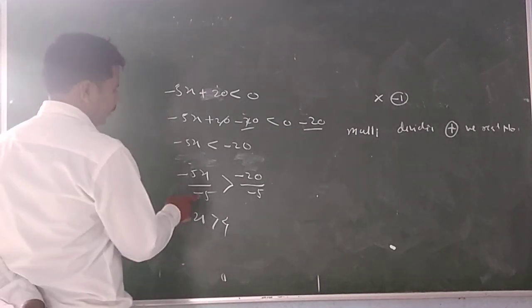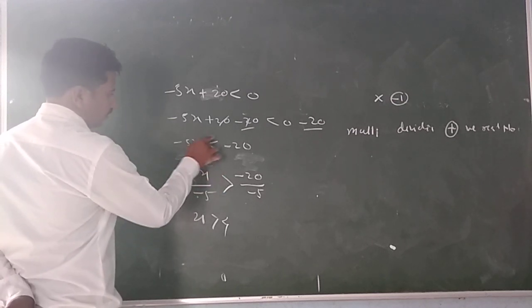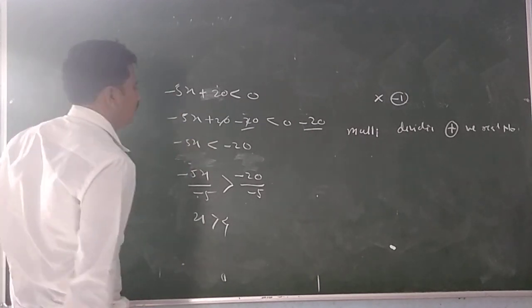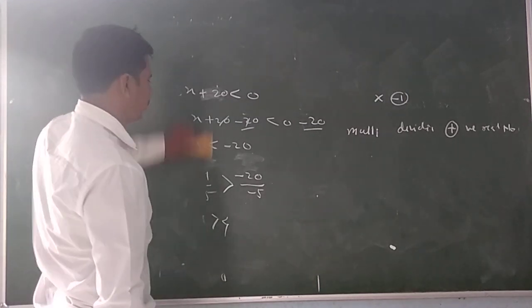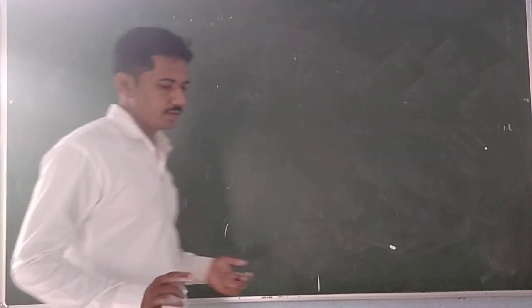So while multiplying and dividing with a minus number, remember we have to inverse this sign. Less than will become greater than, and greater than will become less than. Keep this one rule in mind. Remember it while multiplying or dividing with a minus number.